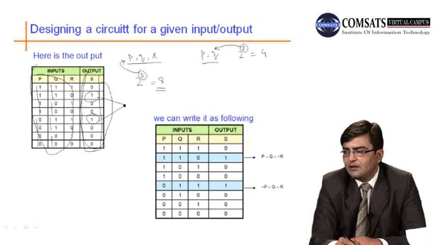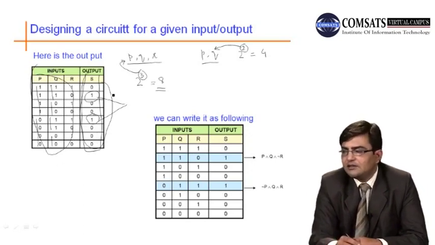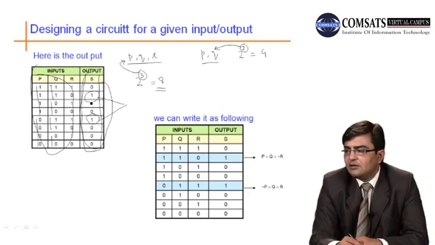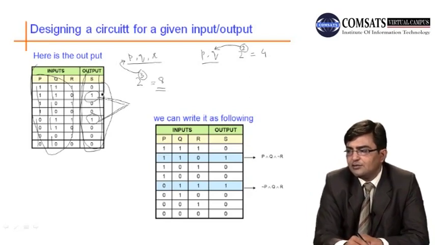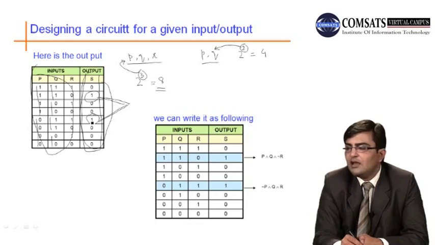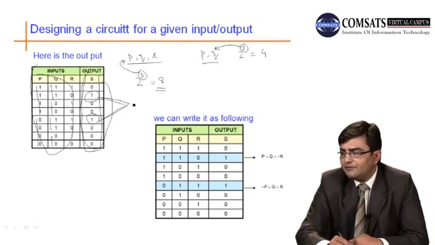I repeat, to construct a circuit for a given input and output, no matter what and where this output comes from, we see only the true outputs, which are these two rows. In these two rows we have true, 1, 1. We always construct circuits for only true values in the output.